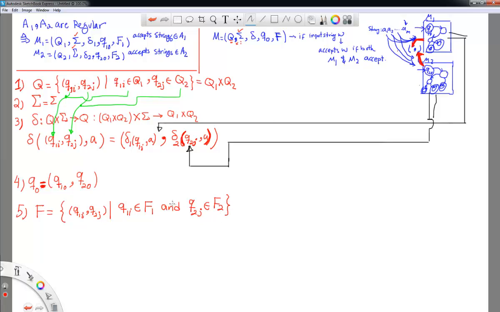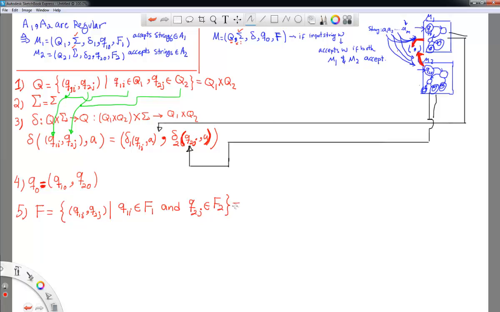This ensures that the set of accept states of my final, combined automaton is a pair of states in which both are accept states, meaning that whatever that string was, when I finished it, both M sub 1 and M sub 2 are in their accept states, and therefore both machines have accepted the language, and therefore my combined automaton accepts that language.